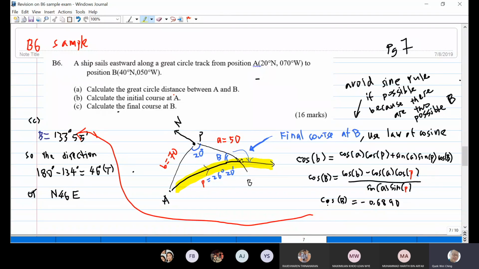So what is the bearing now from the North Pole? So the final cost is this angle here.